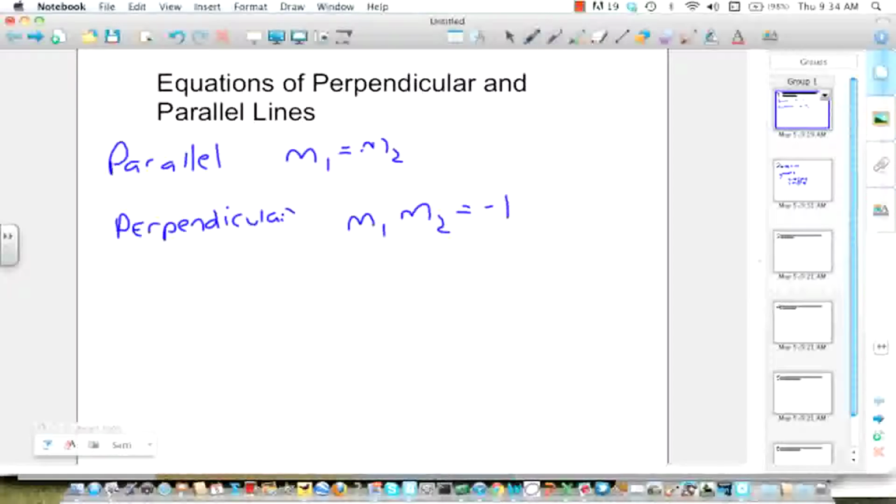Perpendicular means right angles. If they say show something is perpendicular, you have to show the product of the gradients is negative 1. Or they say, find the equation of the line that is perpendicular to a particular line through a point. We're going to do a couple of examples of that.